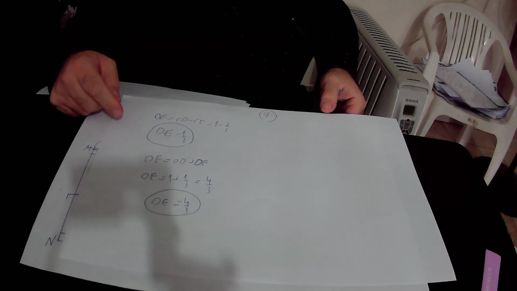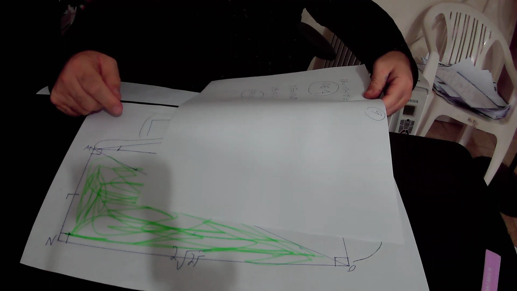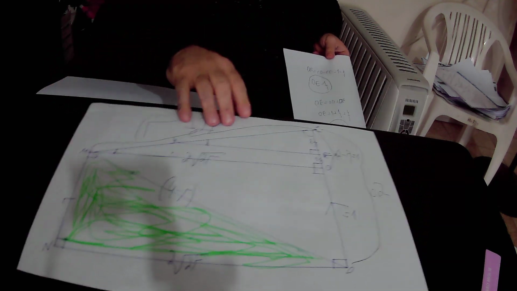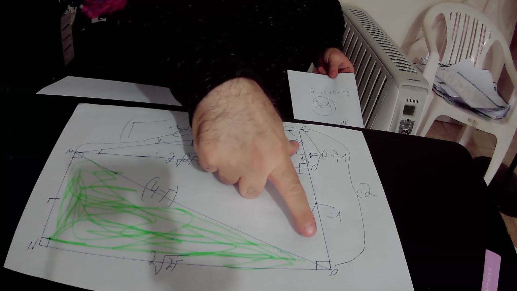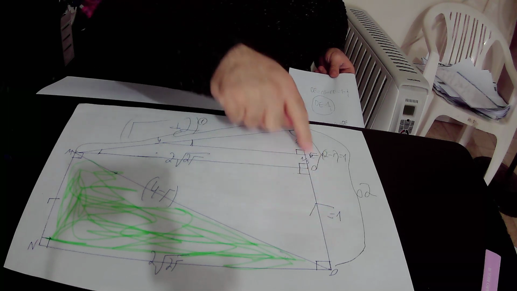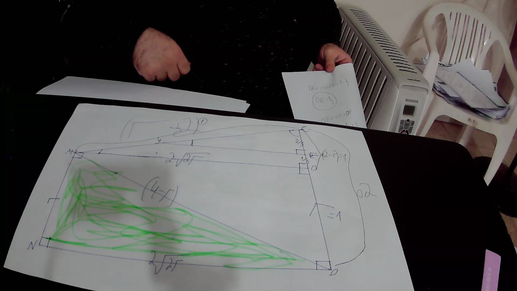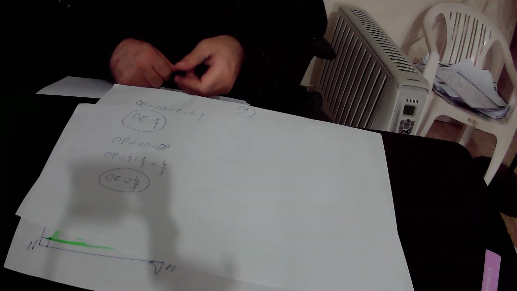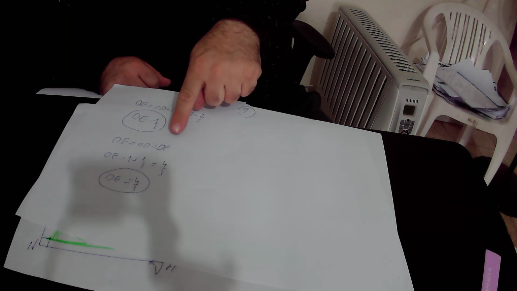And OE equals OD plus DE. You can see here that this line segment OE equals OD plus DE, and OD equals 1, it is the radius of the small circle, and we have already found out that DE equals a third.